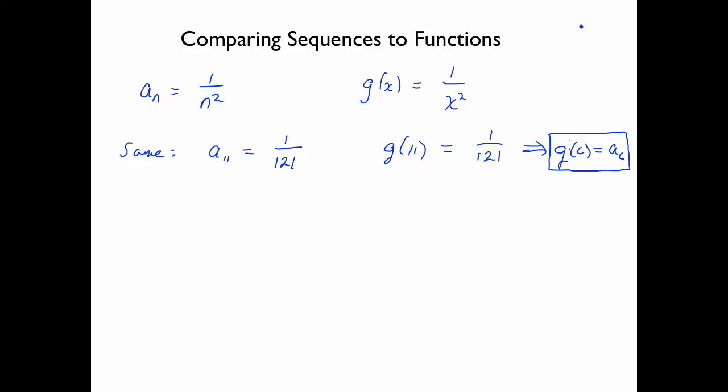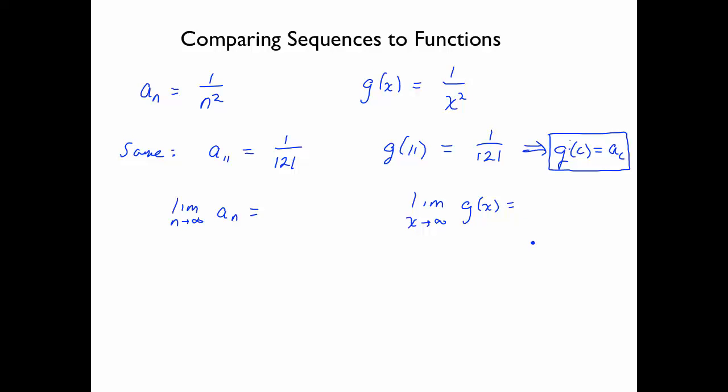Okay, so let's see. And so we talked about limits, right? So the limit, as n goes to infinity, of a sub n, we can evaluate by looking at the limit as x goes to infinity of g of x.